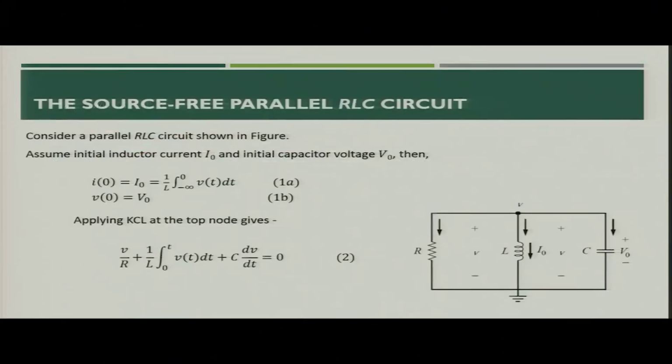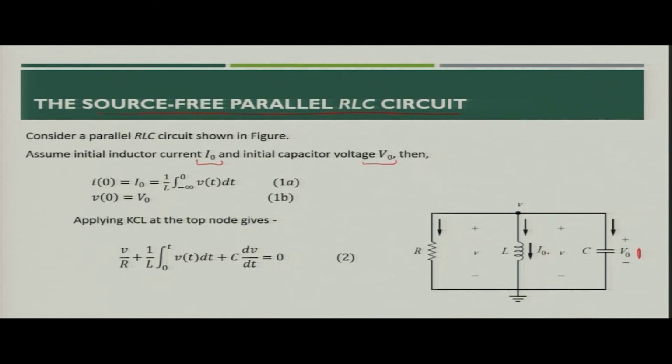Now, let us talk about the source free parallel RLC circuit. So, what will happen in this case? You will have R, L and C, all these components in parallel. What you need to do is first figure out the initial condition. So, let us assume that the initial current flowing through the inductor is I naught and the initial capacitor voltage is V naught.